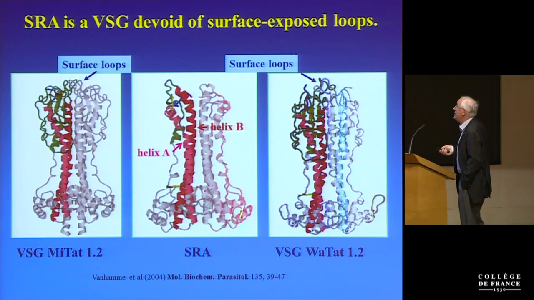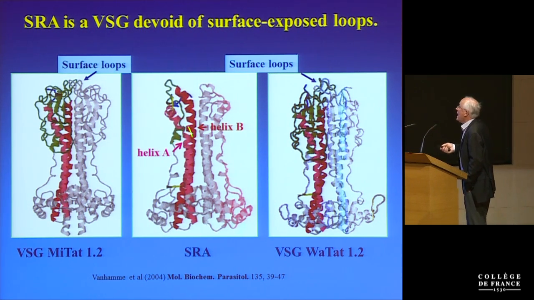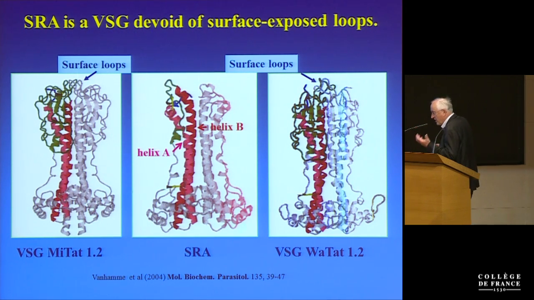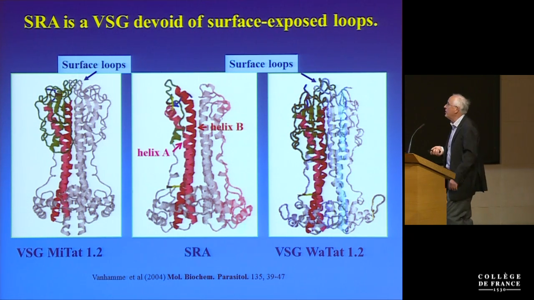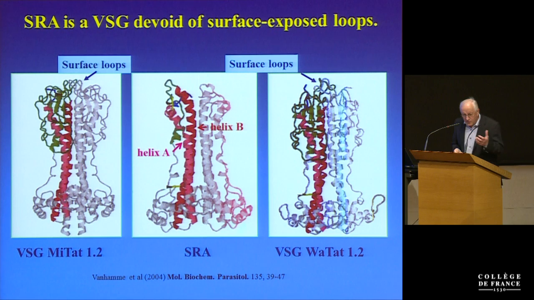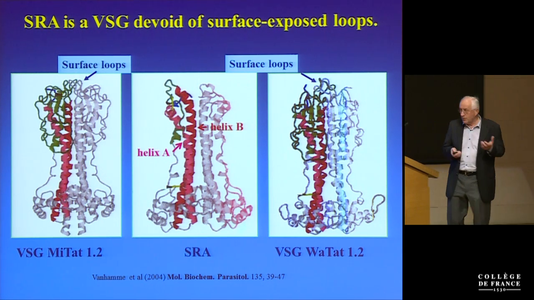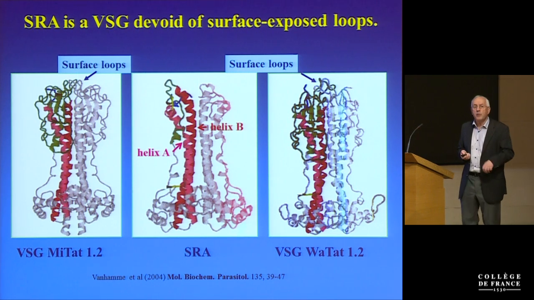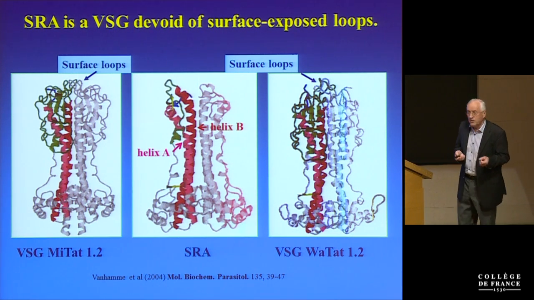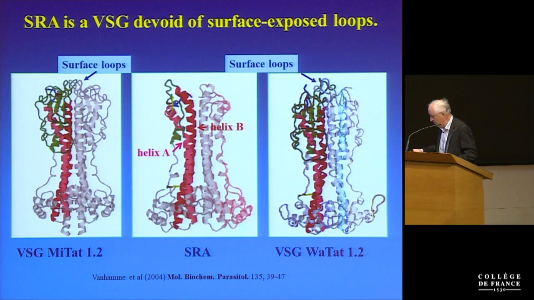It's a VSG that lacks a sequence here, and very strikingly, the sequence that is missing is precisely the sequence that exposed the surface epitopes. So it's very strange to realize that the factor that confers resistance to TLF is an antigen without antigenic loops. So it's clearly a defective VSG.